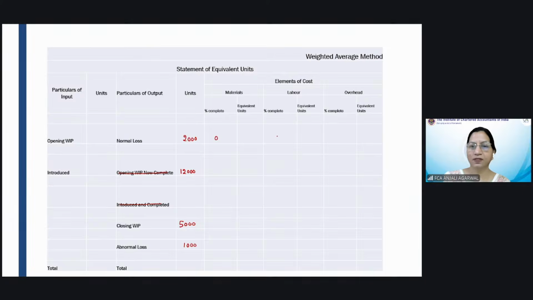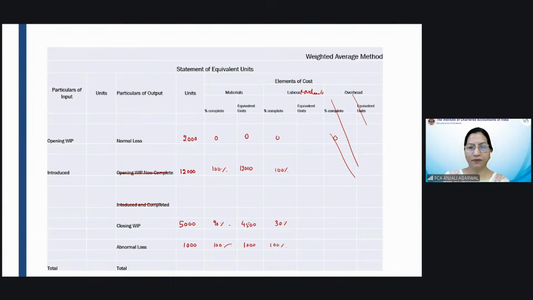So this is always 0%. This will always be 100%. This was 90% and 30%. So I'm not even calculating this time for the overheads. Leave it. I call it labor and overhead. And this is 100% and 100%. So you will see 0, 12,000, 4,500, and 1,000.